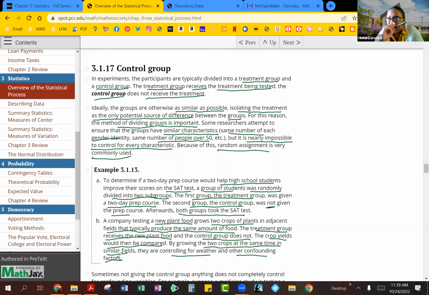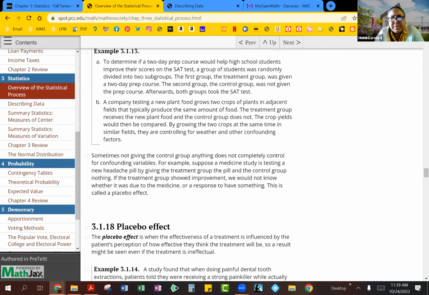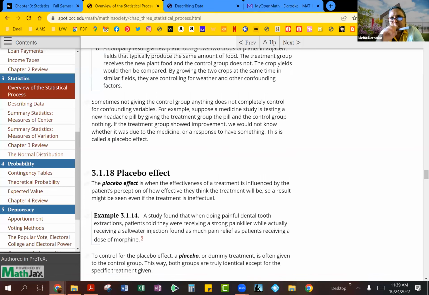And that's how we would be able to see if this new plant food is effective or not. So you guys will see examples like this in your homework also, helping you break down the observational study, experimental study, with and without treatment and control groups and that sort of thing.